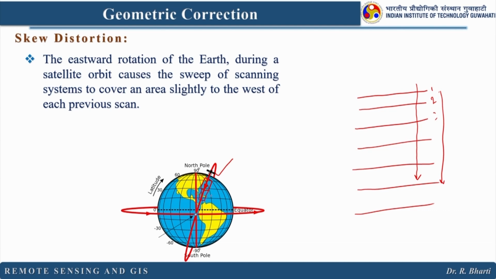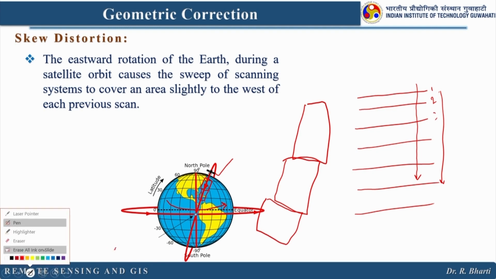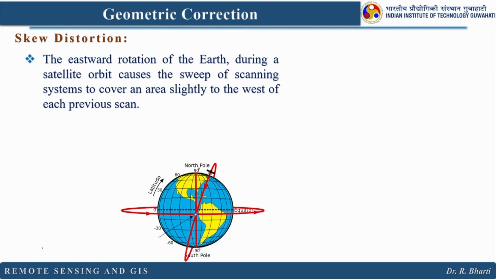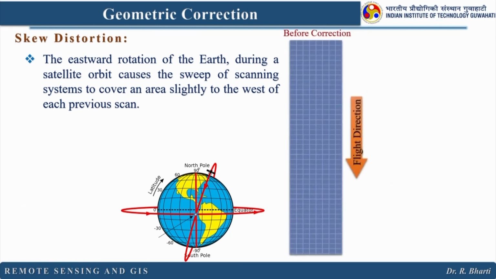Due to the movement of the earth, there will be a change in position: this is the first, then the second will be slightly this side and the third slightly this side. Why is this? Because of the rotation of the earth and movement of the satellite. This is one better example to understand this problem.